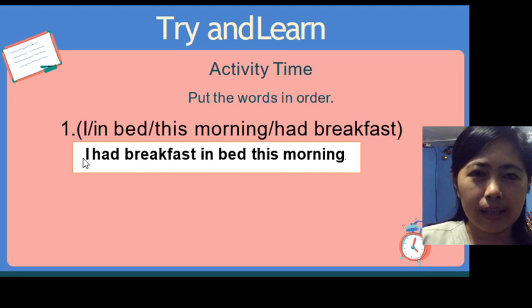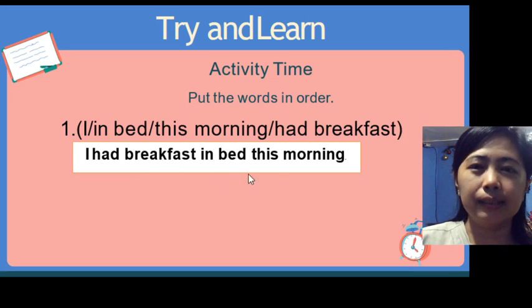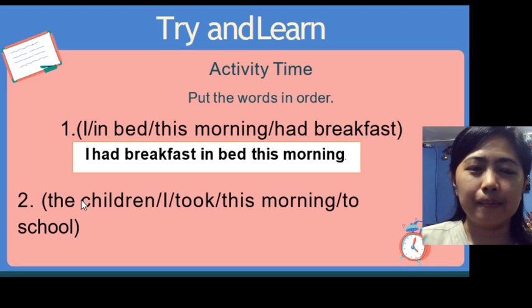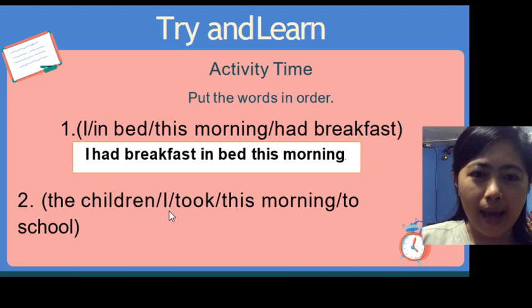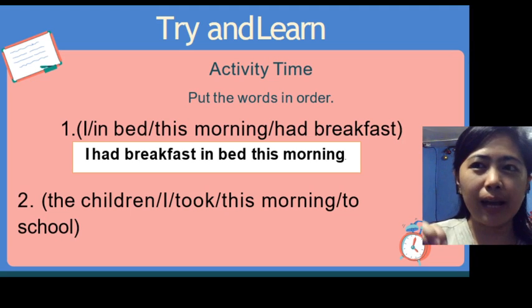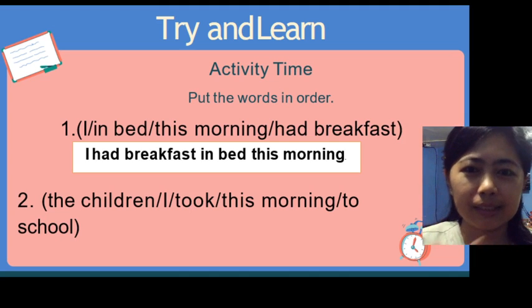So I, subject, had, verb, breakfast, in bed, place, this morning, time. Next sentence, let's try. The children I took this morning to school. How are we going to arrange them to have a good sentence structure following subject, verb, place, time?